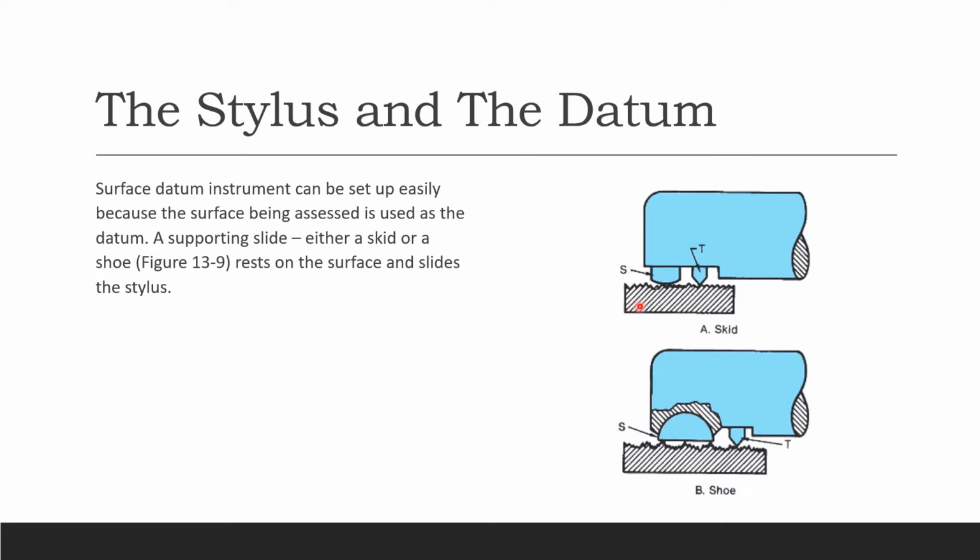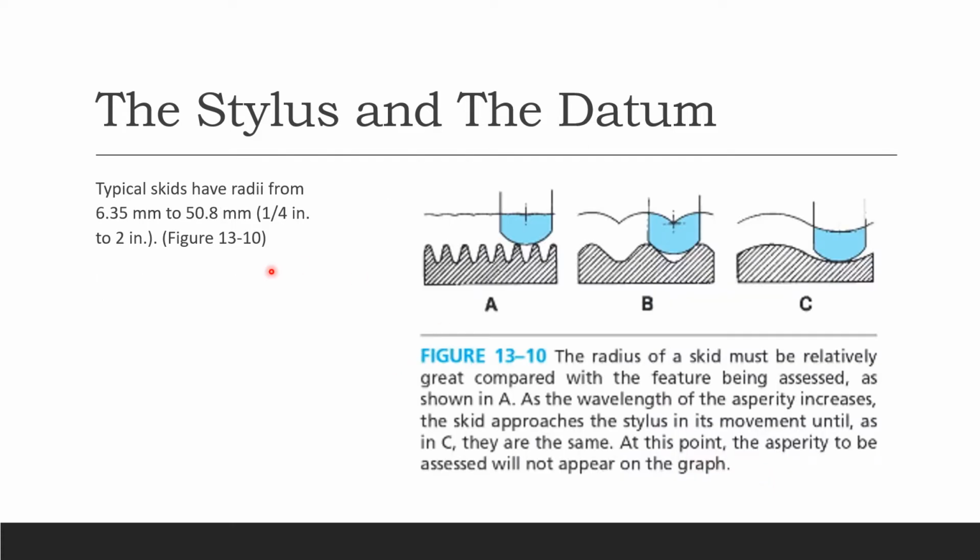So we need that kind of support, either the skid or the shoe, which rests on the surface and slides the stylus. Alright, so typical skids have radii. The skids look like a little cylindrical thing, and so they have a radius. Typical skids have radii ranging from 6.35 millimeters all the way to 50.8 millimeters.